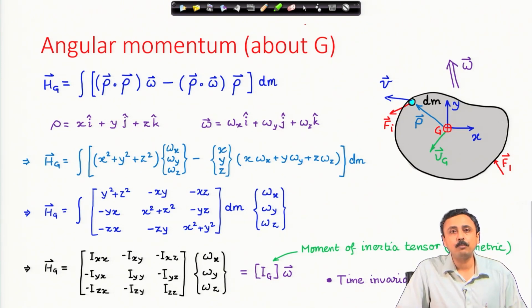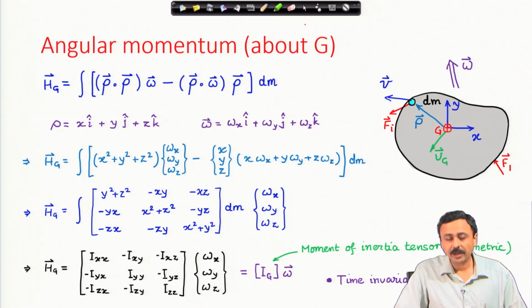This frame is called the body fixed frame or the body frame. Therefore, we will express our equations of motion, the moment of inertia tensor, everything in a body fixed frame to the extent possible. Not that in every problem we can fix it, but fixing the frame to the body simplifies the equations of motion, its representation, and the derivation of the equations of motion.